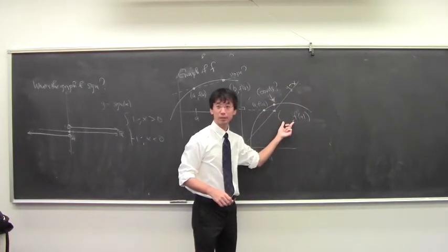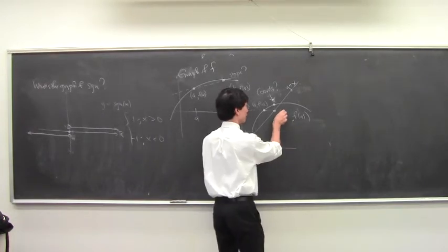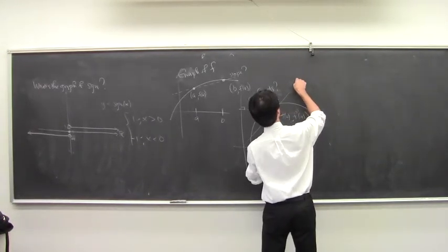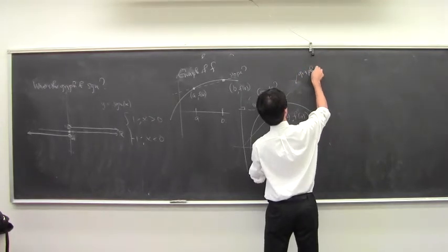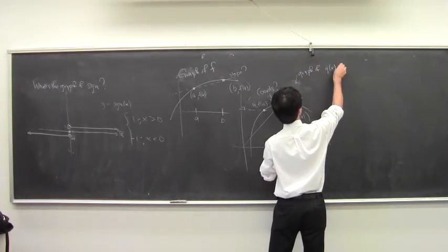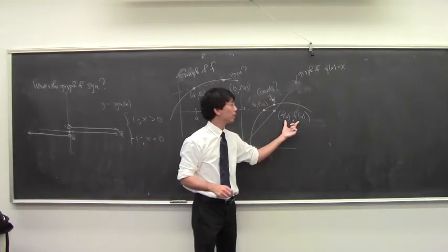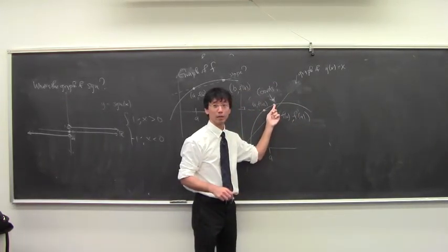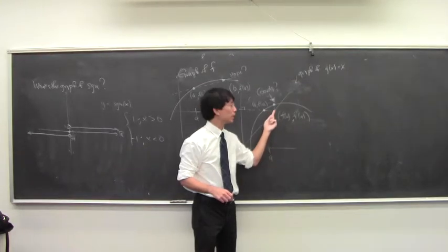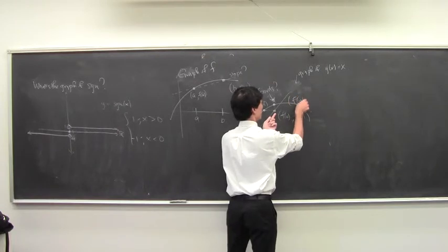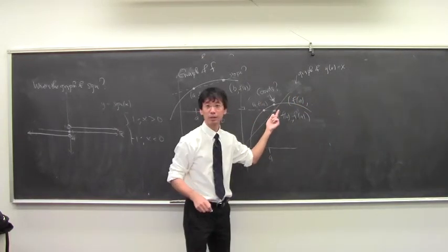So what's the x coordinate? F of A, right? I should have made it like this is the graph of g of x equals x, right? The x and y coordinates are the same. Okay. So what's this thing here? What's its x coordinate? F of A, right? X coordinate is f of A. What's its y coordinate?